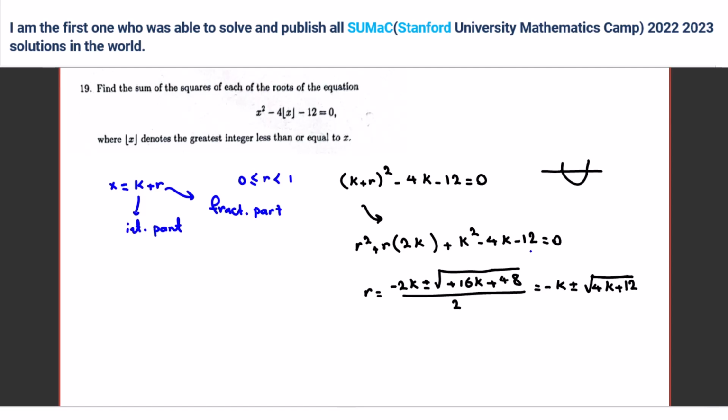But maybe k is negative. Oh, yeah. So, for which k can we consider both positive and negative? Negative.